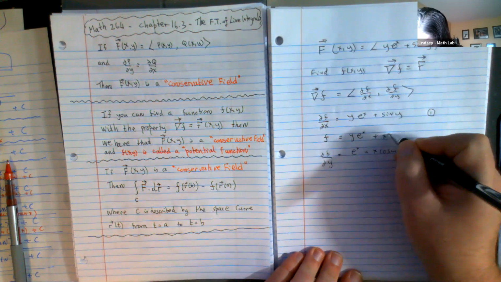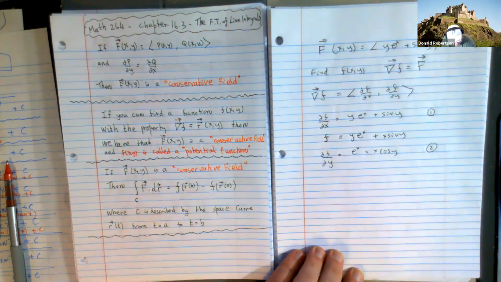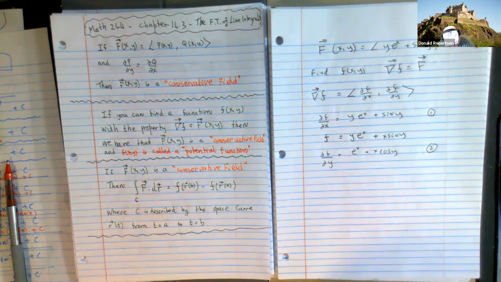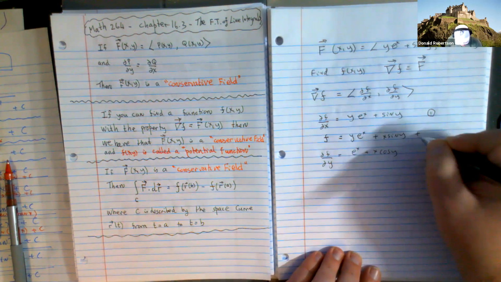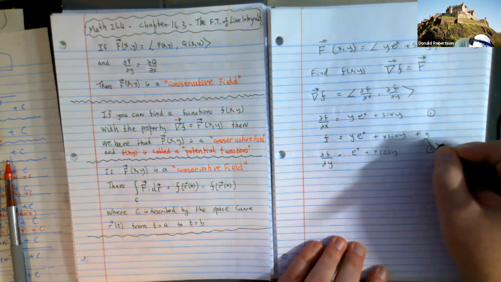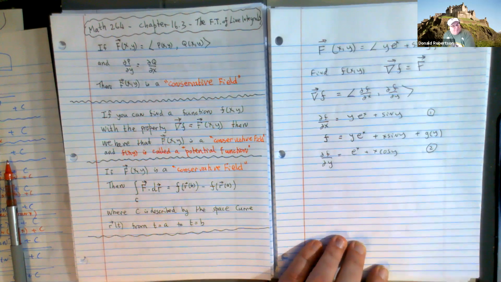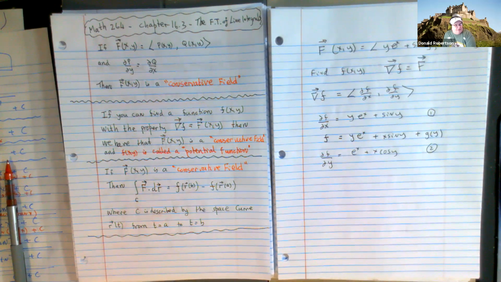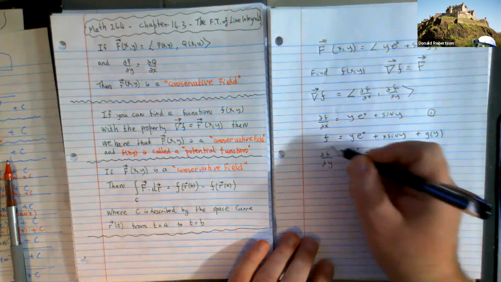Agreed. Now, typically in math, don't you say plus c? Agreed? We tweak it a little bit, and it's not plus c, but plus an unknown function of y. Because if it's an unknown function of y, when you differentiate it with respect to x, won't it disappear?